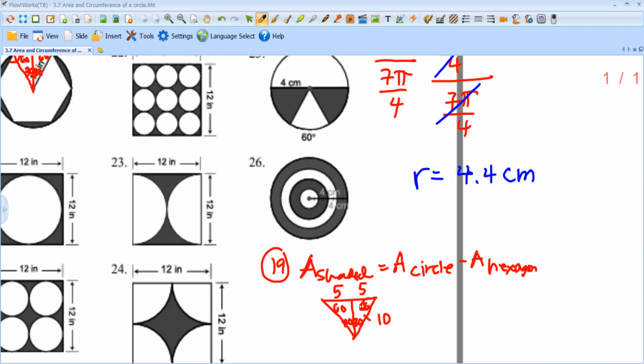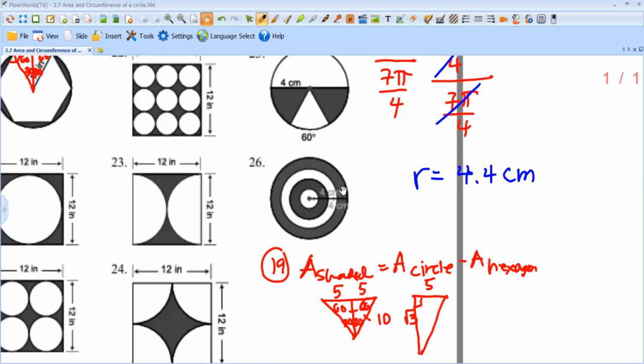So the base is 5. So we need the height. The height is the opposite of the 30 times square root of 3. So therefore, this is 5, and this is 5 square root of 3, which is the height of the triangle.